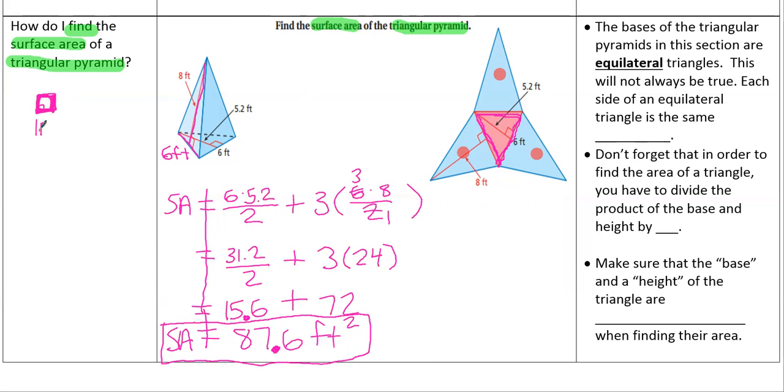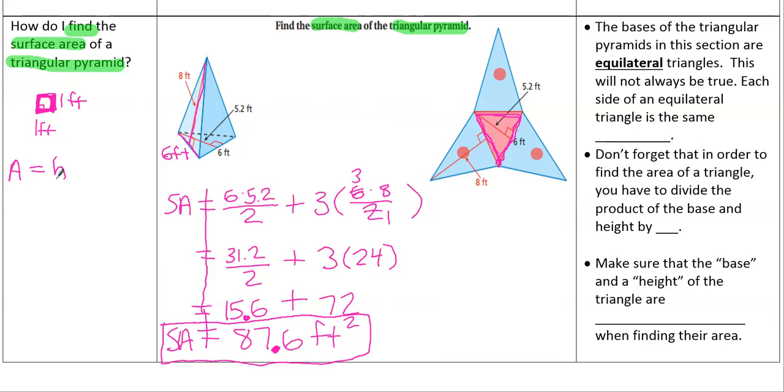All right, this is 1 foot by 1 foot. How many of these would it take, and this is really big, but how many of these would it take to cover this whole entire thing? 87.6 feet squared. This is a foot squared because it's 1 foot by 1 foot. By the way, if you ever found the area of that, it's a square, right?